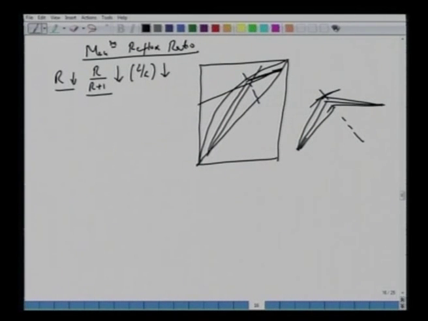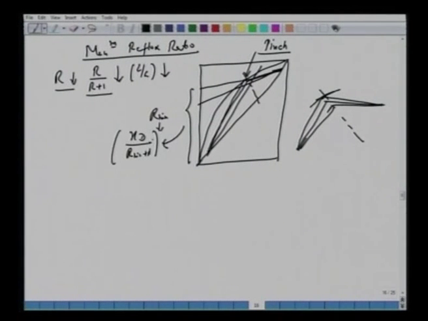So if you draw this line here, you have this pinch, where the driving force is 0. So corresponding to this, if you extend, this will give you the minimum reflux ratio. So you have essentially the slope of this line, R min, and from the intercept you get xt over R min plus 1. All right. So this is the intercept. From this one can calculate the minimum reflux ratio.